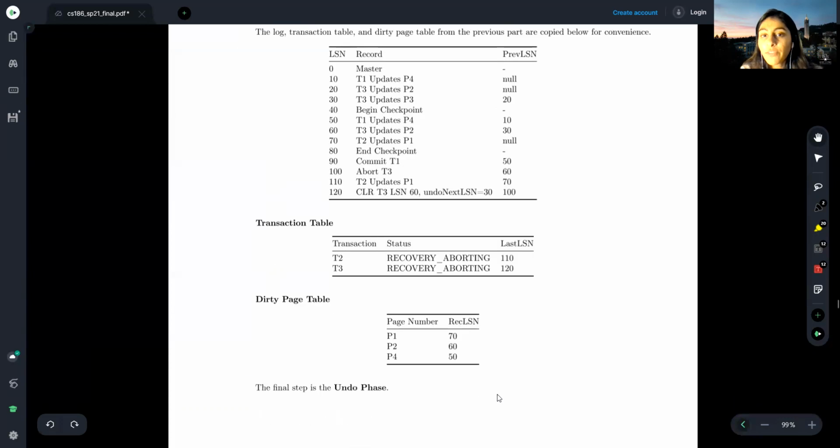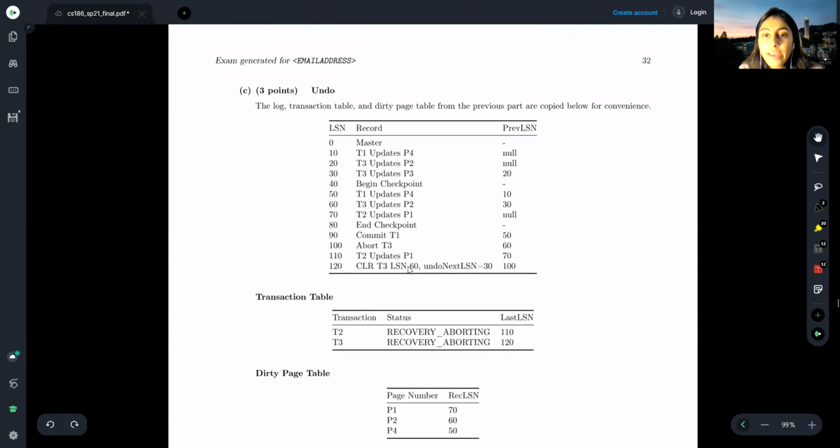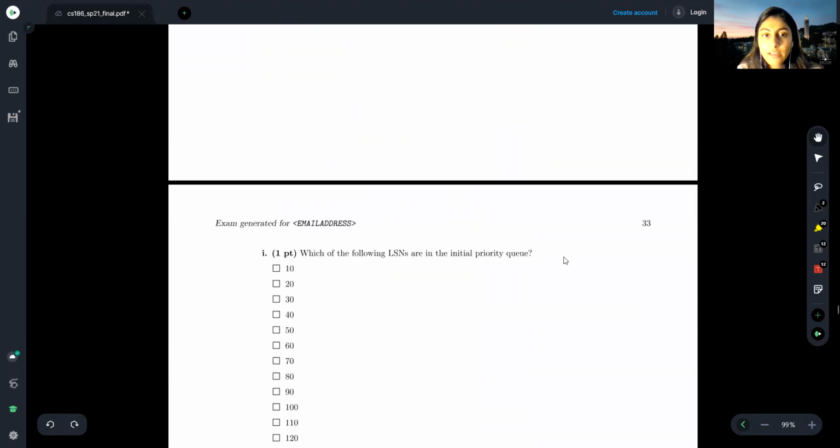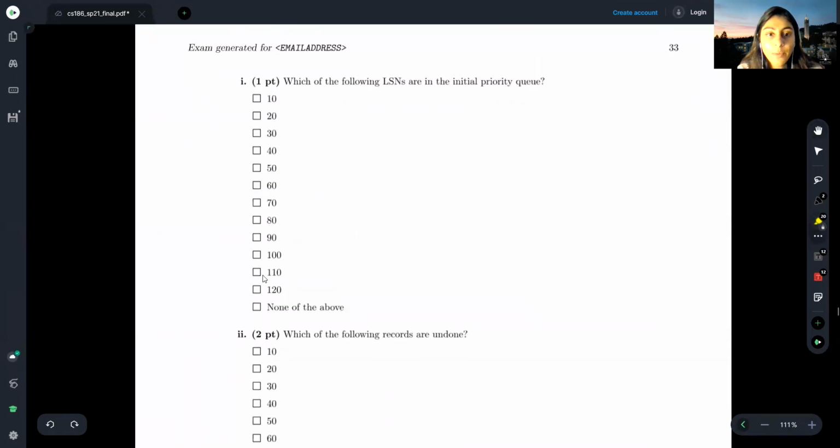So that means we'll start off a priority queue with the LSNs of 110 and 120. And then using 110 and 120, we'll keep filling them up with 70 and 100 using this previous LSN field that we have in the log. So for part 1, we will have a 110 and a 120.